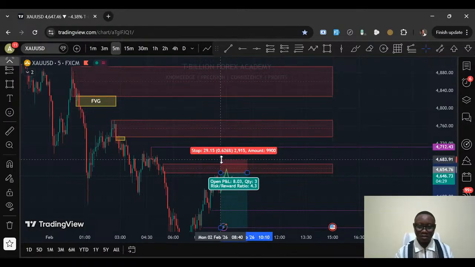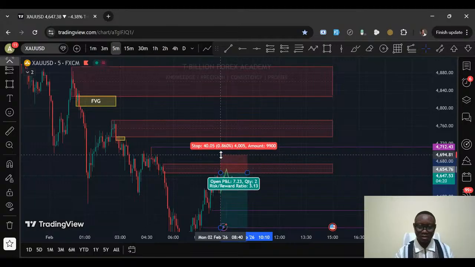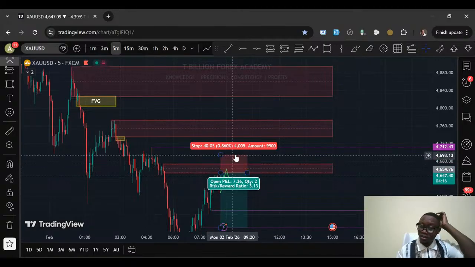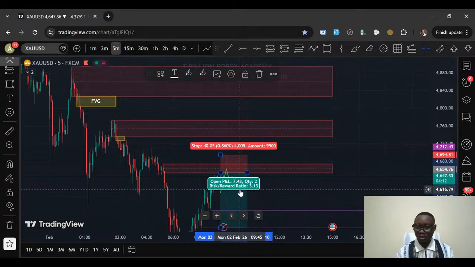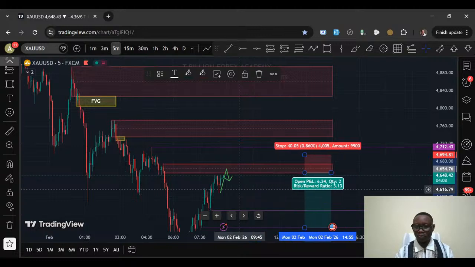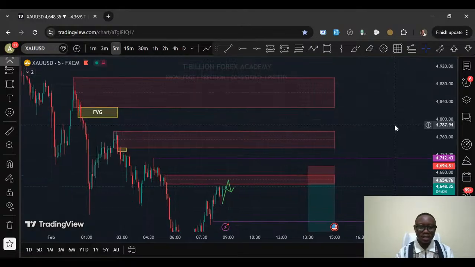Rather, we'll put our SL right below this level, or probably just here. And that's still a lot of SL considering the fact that the market is volatile. All right, so that's that with this.